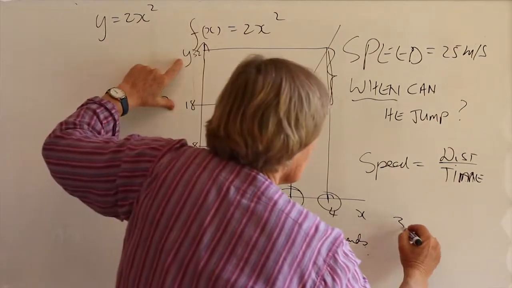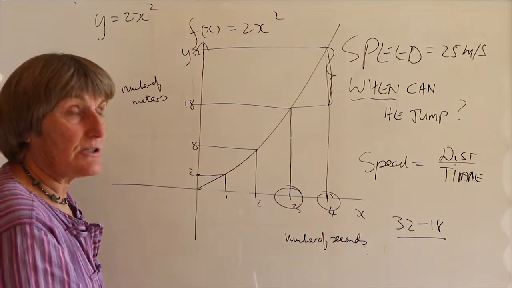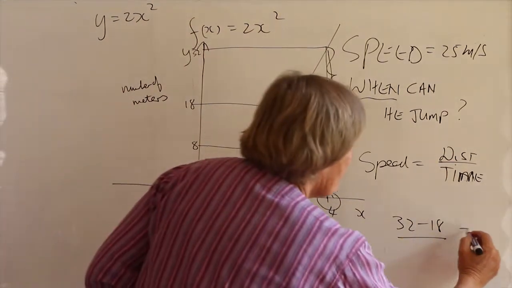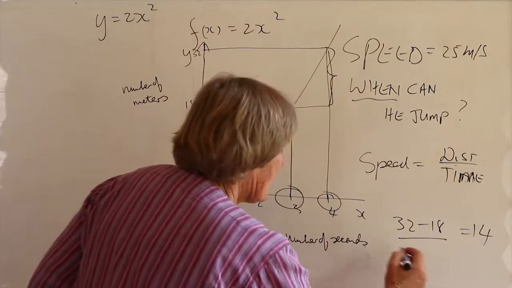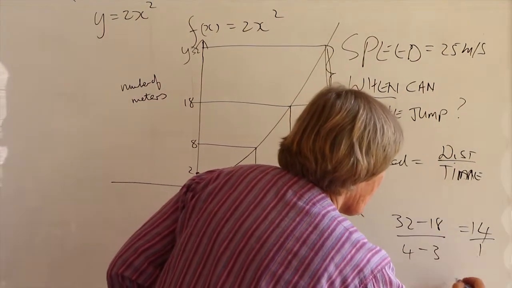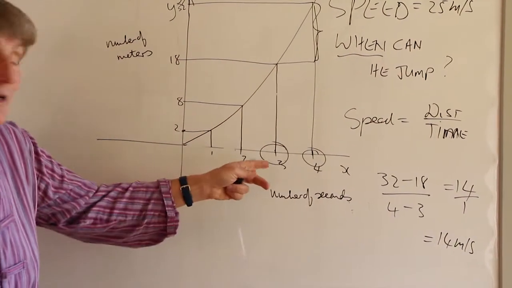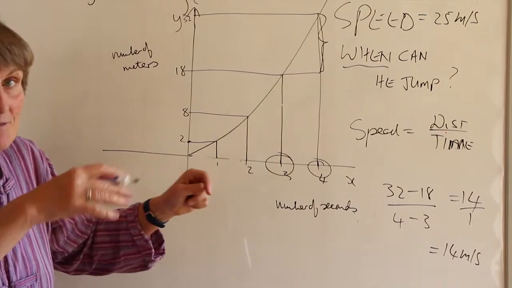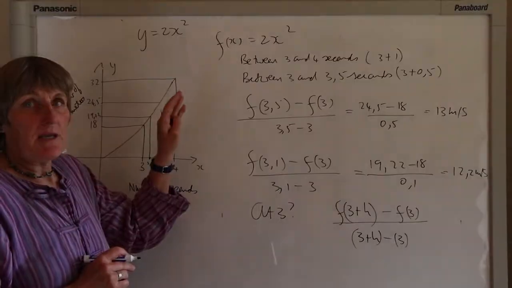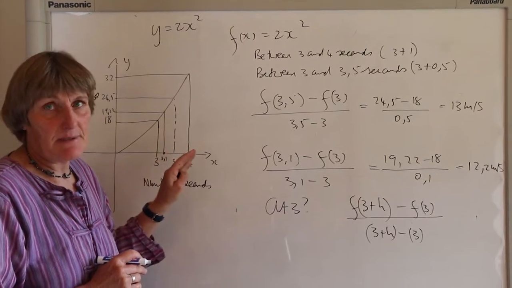So, he went so many meters, which is 14. But how long did it take? 4 minus 3. So, it's 14 meters per second. So we can see it's not at 3 seconds. He must still ski a little bit. We know between 3 and 4 it was 14 meters per second.